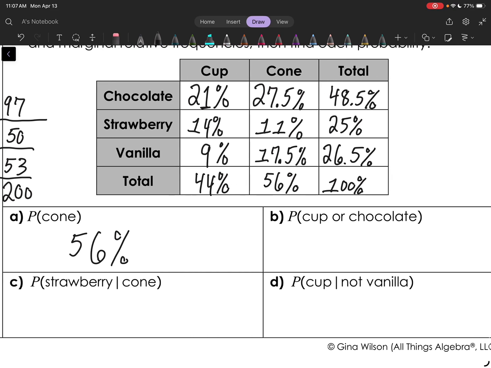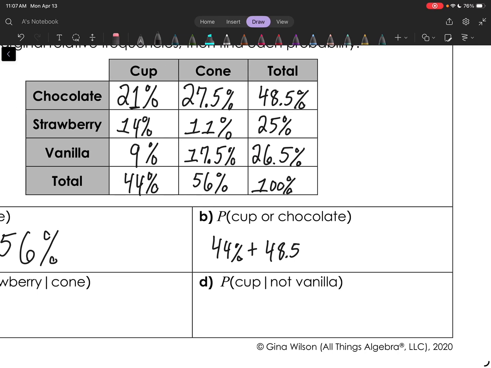What is the probability I choose a cup or chocolate? Well, I got a 44% chance of choosing a cup, plus a 48.5% chance of choosing chocolate. These do have an intersection. There are 21% who like chocolate cups, so minus 21%.